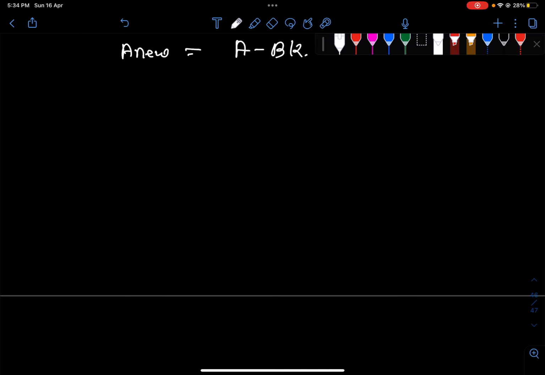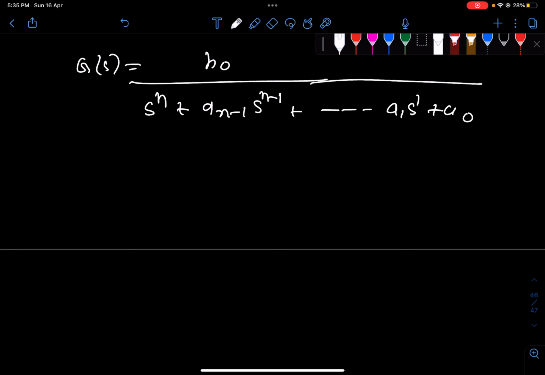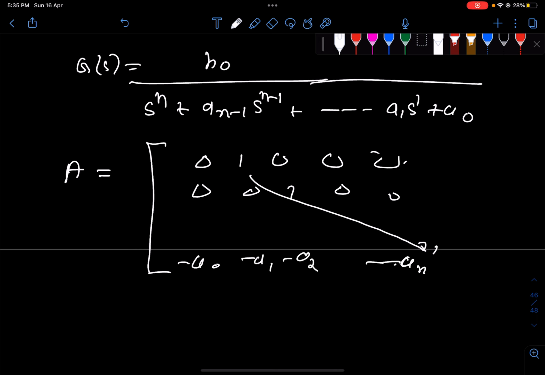If our transfer function is in the form G of s equals b0 over s to the power n plus a n minus 1 s to the power n minus 1 up to a1 s plus a0, I have told you how to write the A matrix. It's very easy. 0 1 0 0, then 0 0 1 0 0, going up to the last row minus a0, minus a1, minus a2, up to minus a n minus 1. This was our A matrix.